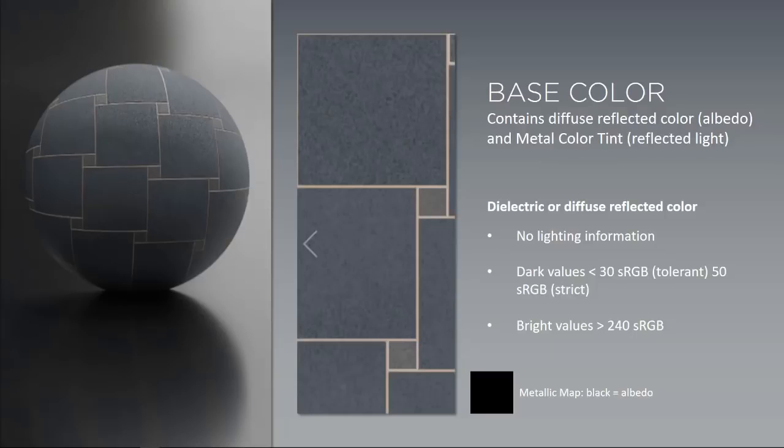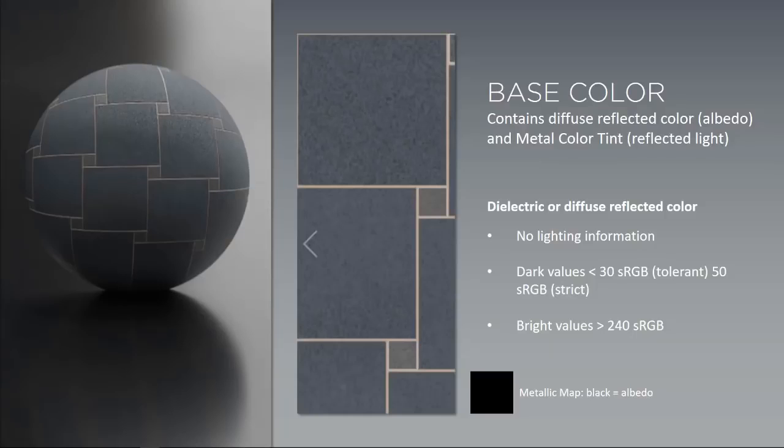You might be tempted to author that in sRGB as 0,0,0 black. That would actually be incorrect, because we're never going to have just a black value in our base color or albedo. So I like to give a guideline that your dark values should never go lower than 30 sRGB.